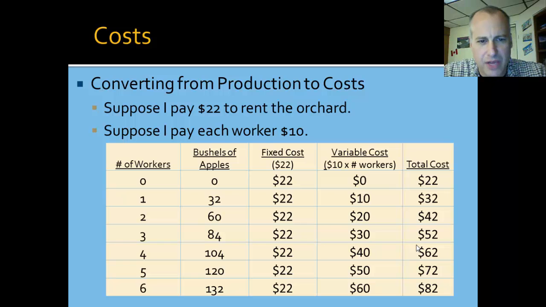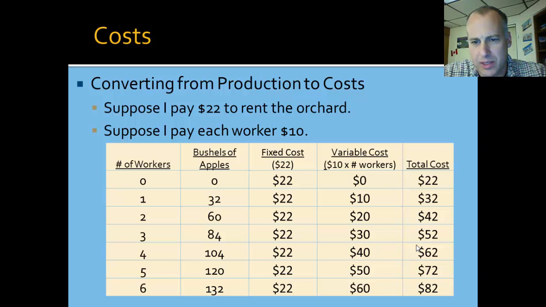If we hired, say, 4 workers, if you look at the line in the table associated with 4 workers, those 4 workers can combine to produce 104 bushels of apples. The fixed cost is still $22. The variable cost is 4 workers times $10 each, which is $40. And the total cost then is $62.